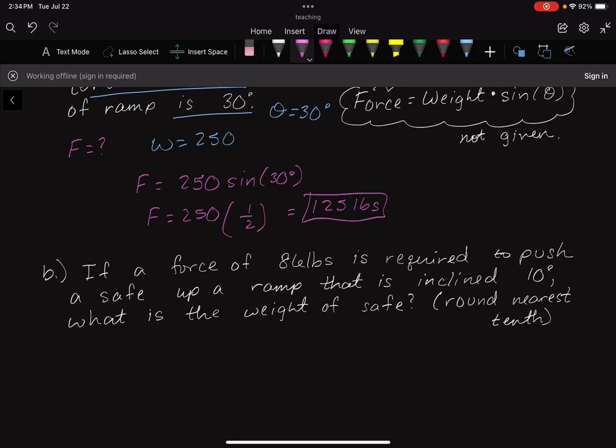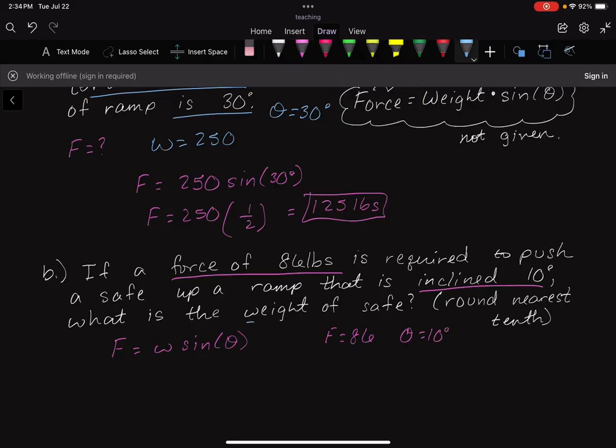So this one, again, we're using force equals weight times sine of my angle. I have my force this time, so my force is 86. My theta is 10.